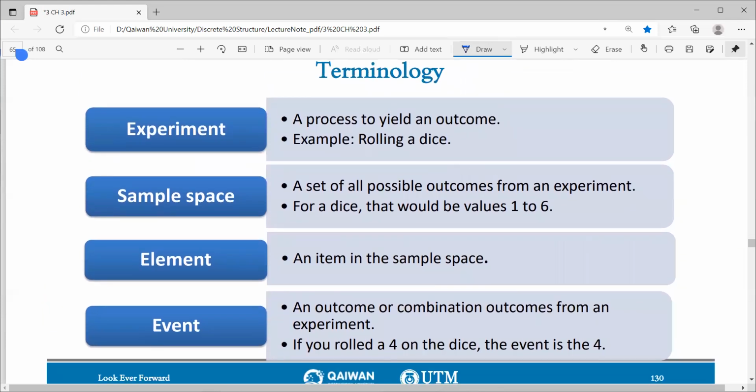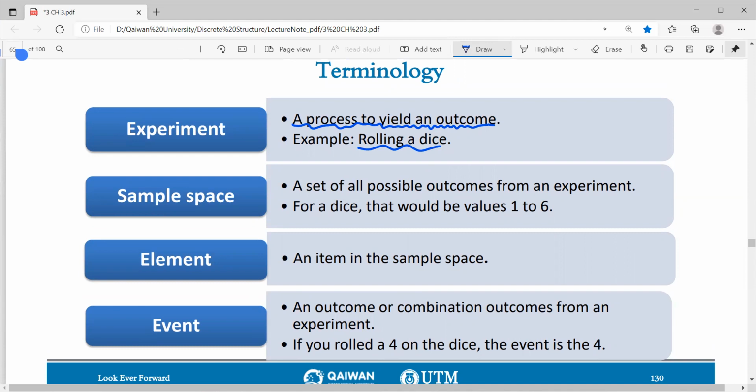Here you have these concepts: experiment, sample space, element, and event. We have these 4 concepts that you should know. Experiment is the process to yield an outcome. For example, rolling a dice: the process is the experiment.